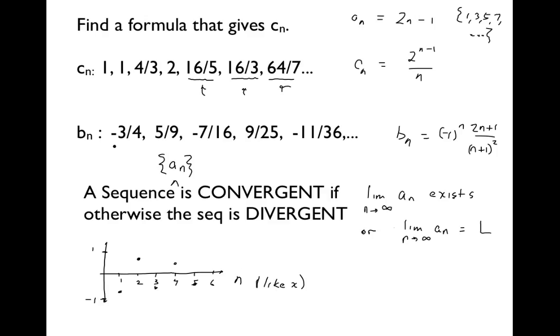If n was 1,000,000, we'd have a really, really small positive number. And then n equals 1,000,001, it'd be a really, really small negative number. So this is convergent to 0, because the limit as n goes to infinity of Pn equals 0.